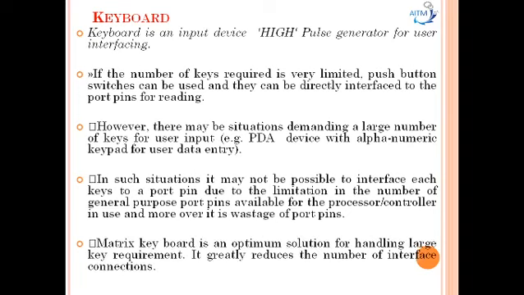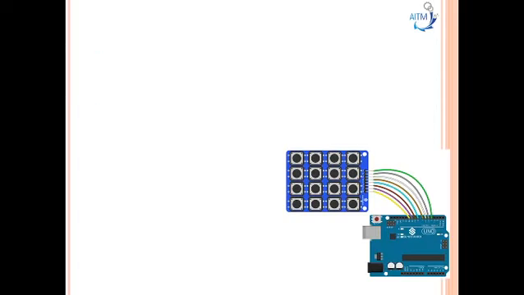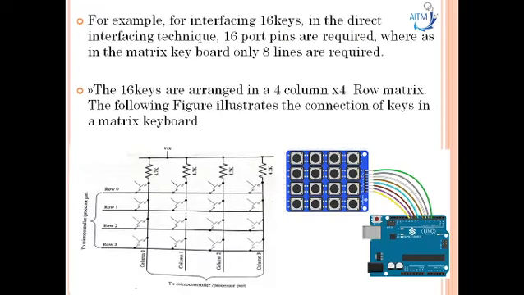So to avoid this, a matrix keyboard is an optimum solution for handling large key requirements. It greatly reduces the number of interface connections here. I can see this is the 4x4 keyboard matrix.